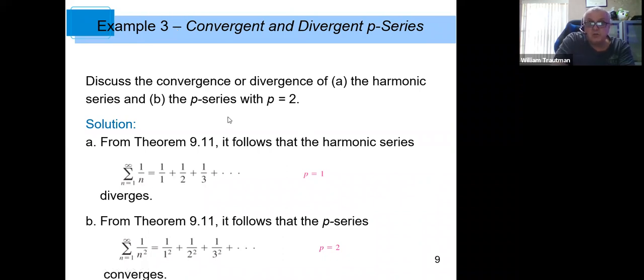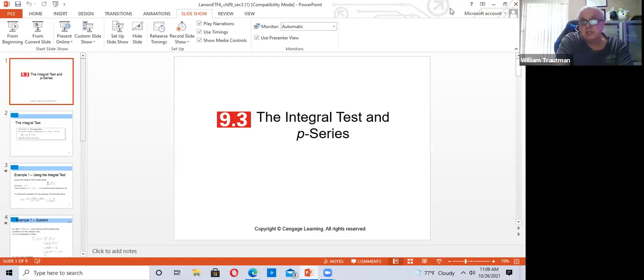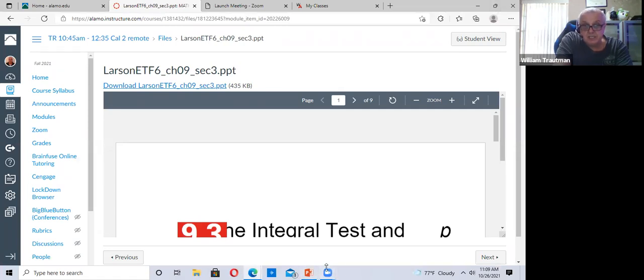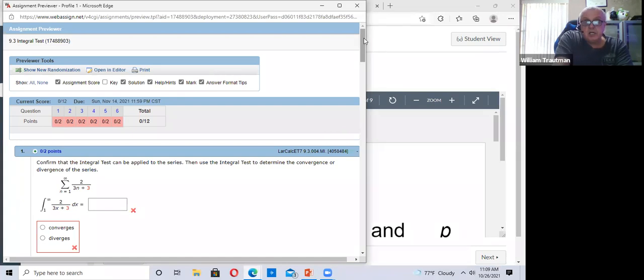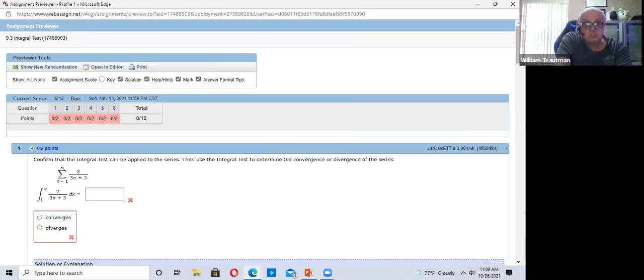Now, they're not always that simple, and that's why I wanted to show the homework. That was it for the slides. But the homework, I want to go to the last homework problem. I want to go to the P series one first.